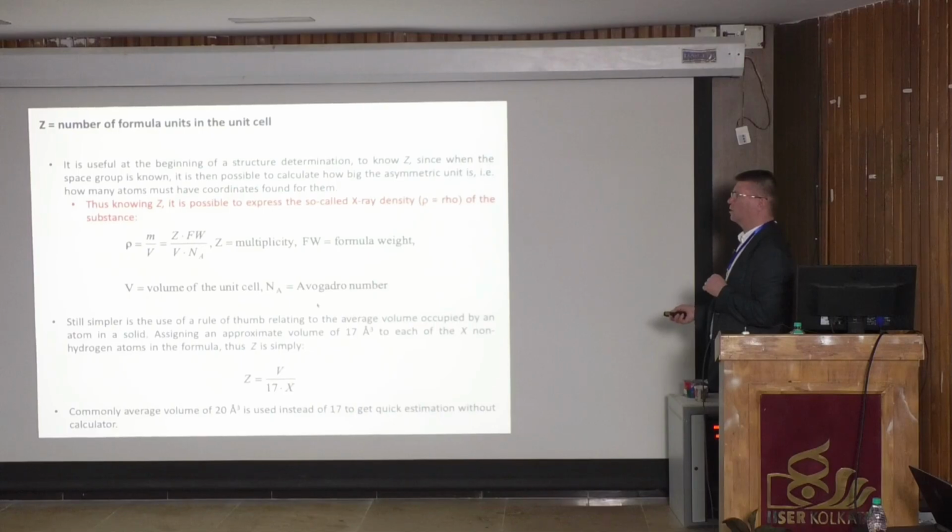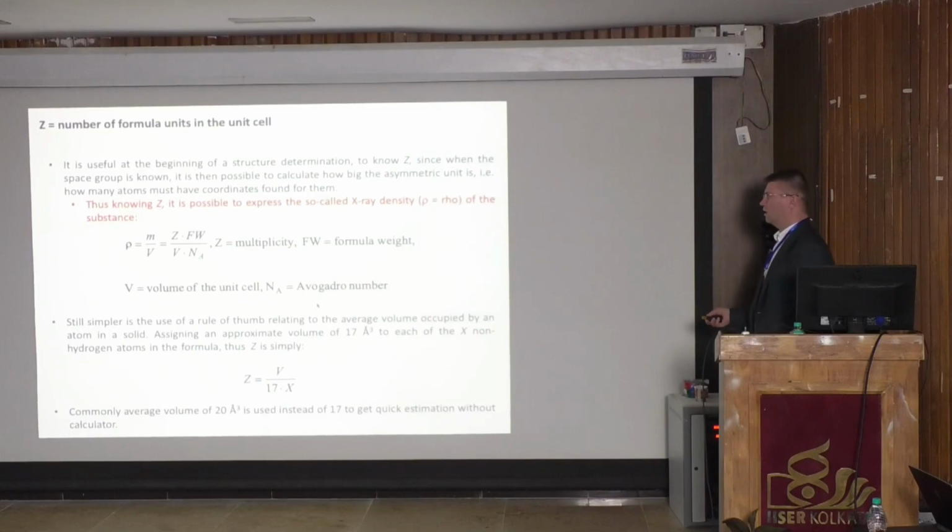And the volume is actually Avogadro's constant multiplied by the volume of the unit cell, which you can get from the instrument. So you have all these numbers. This you can guess, and this you should know roughly. And the point is that Z is the multiplicity, how many times the asymmetric unit is repeated, and the formula weight is there.